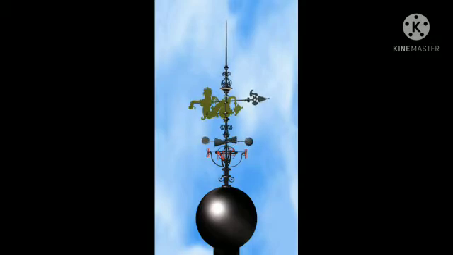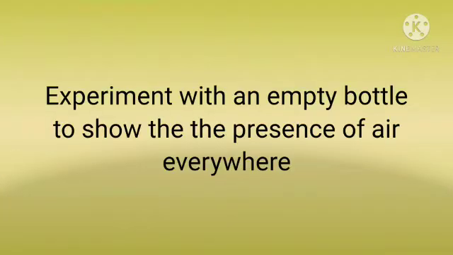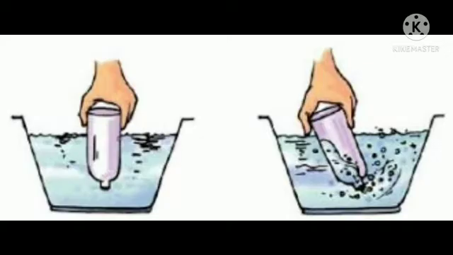So children, how can we know that air is present everywhere around us? Let us do an activity with an empty bottle to show that air is present everywhere. Take an empty bottle and dip the open mouth of the bottle into a bucket filled with water.